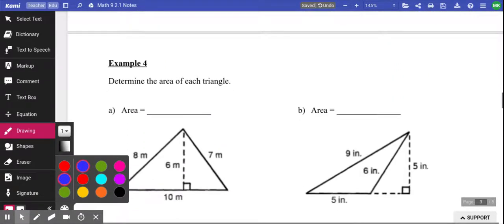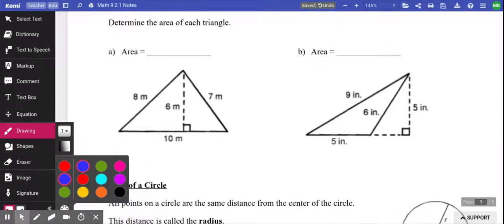Examples of that. We have 2 triangles here we want to calculate. We'll start with A. You need to be able to do base times height divided by 2. The base is this one in red. The height is this one in blue. Notice that I did not pick 7 or 8 because those were on angles. Right? My height connects one of the corners to my base.